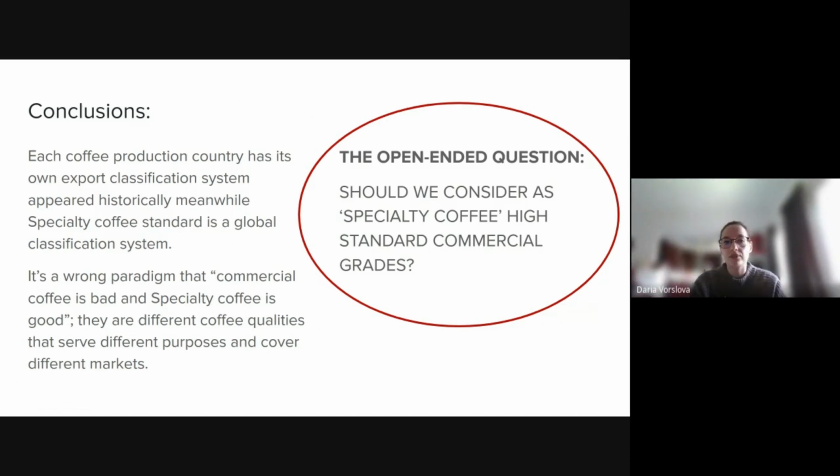They're two different coffee qualities that serve different purposes and cover different markets. We ended up with an open question: should we consider high-standard commercial grades as specialty coffee? I think we're going to have an answer when we finish talking about today's topics.